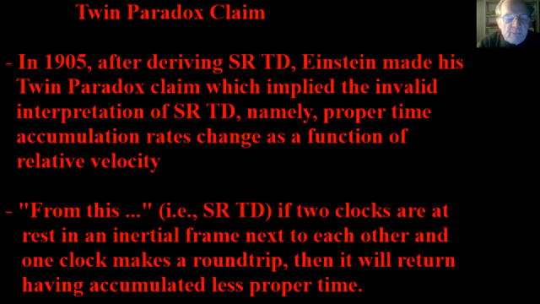That claim, namely that proper time accumulation rates change as a function of relative velocity. In the paper, right after he derives special relativity's time dilation equation, he says, from this, clearly referencing the time dilation equation, if two clocks are at rest in an inertial frame next to each other, and one clock makes a round trip, then it will return having accumulated less proper time than the clock that didn't move.